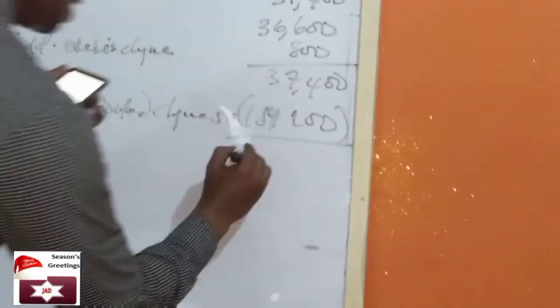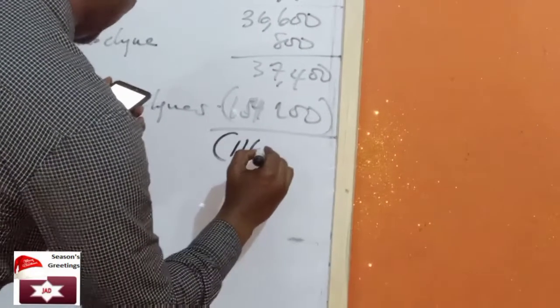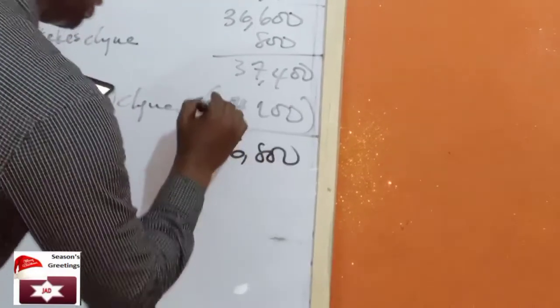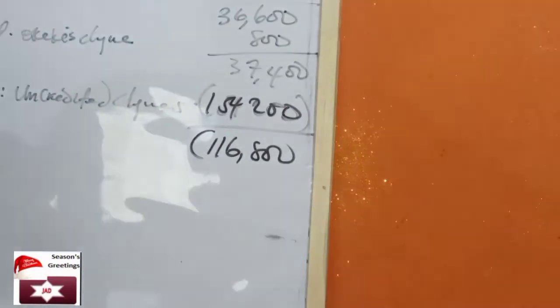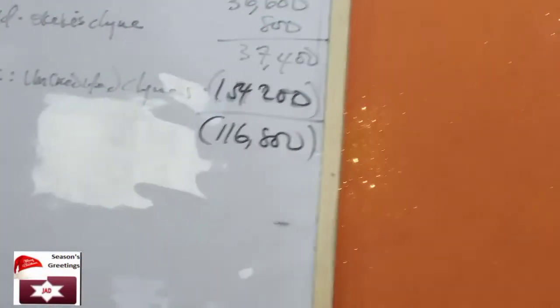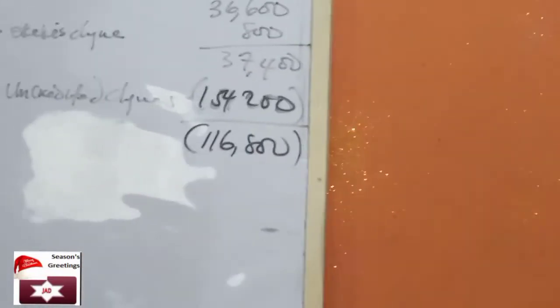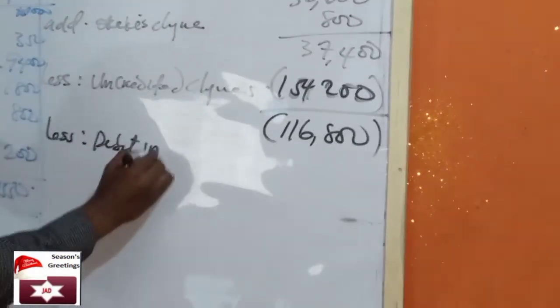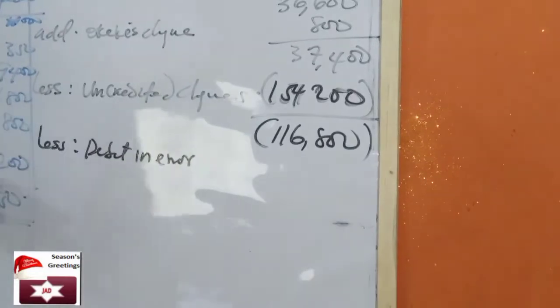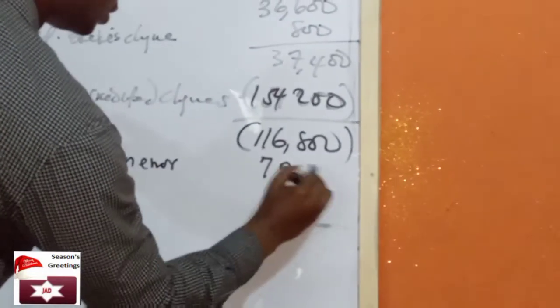I have negative 116,800. Then we also have debit in error. Less debit in error. How much is that? 7,200.